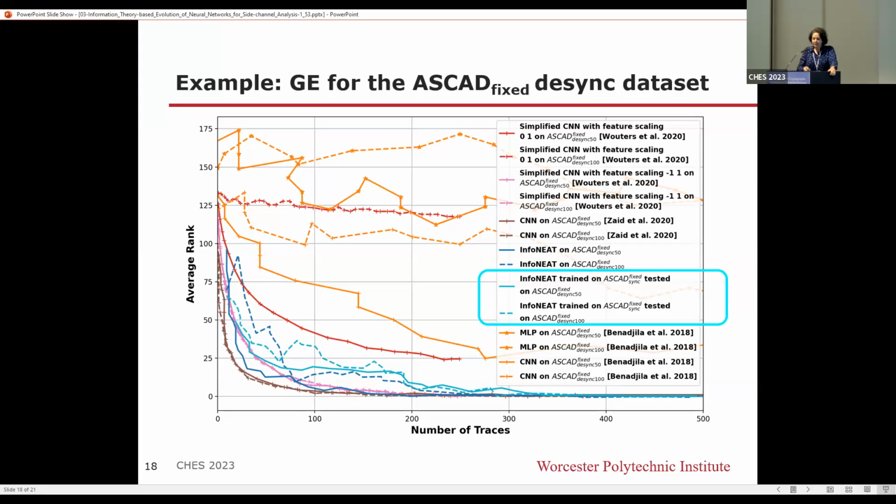Except for the graphs in Turkey, all those networks have been trained on desynced traces and tested on desynced traces. Now, just focus on the graphs in Turkey and you see how closely InfoNet can mimic another network that is trained on the same type of traces. So that is one advantage that InfoNet can offer.